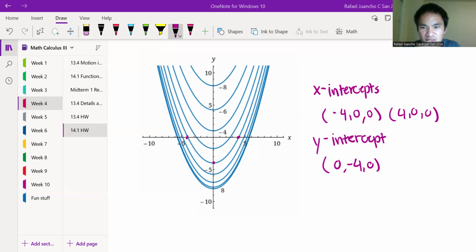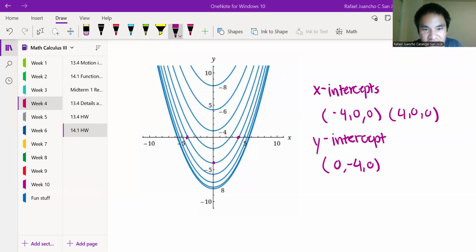How do I indicate that? What is this? This is -8 and 10. So what it's saying here is between y equals -8 and y equals 10.